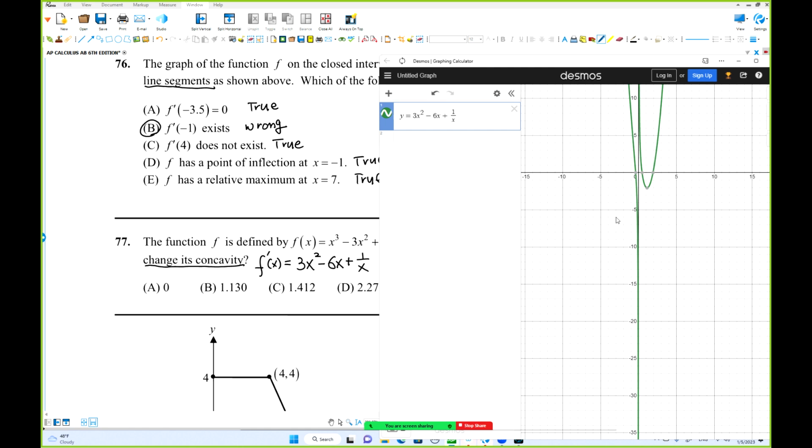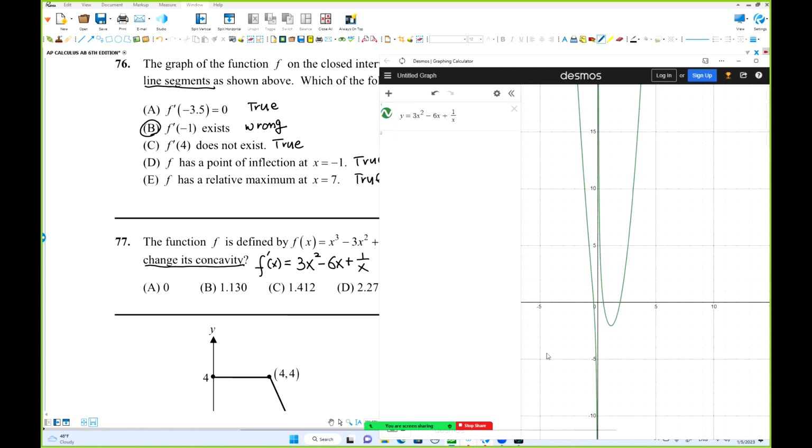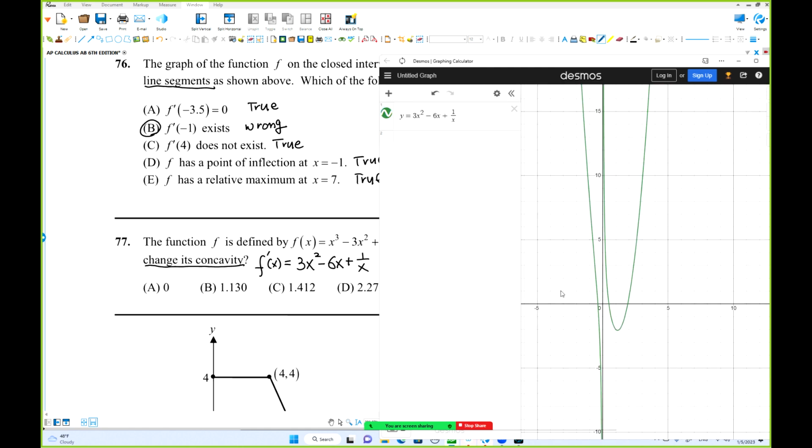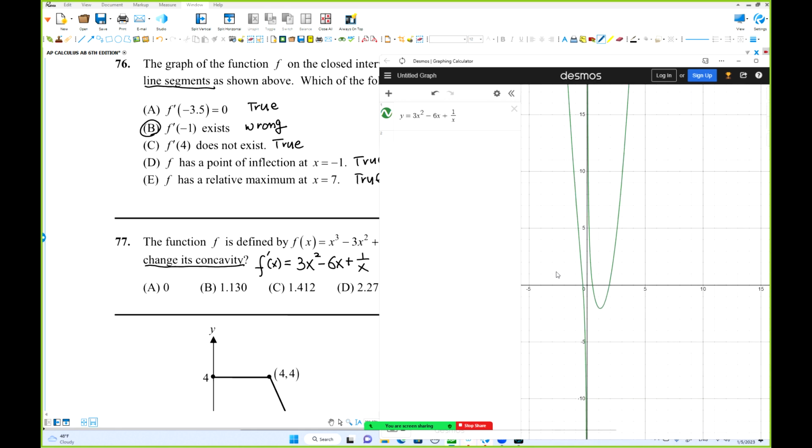That's the graph. Can you see that? At x equals 0, there is an asymptote over here, right? We have two different graphs, the left one and the other one over here. Are you okay with this? Yeah. Okay.